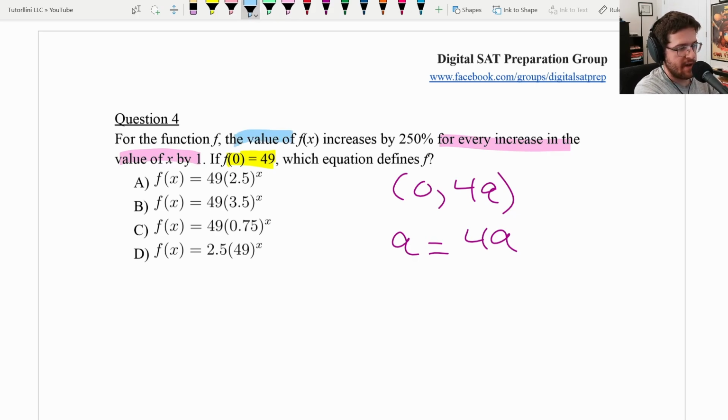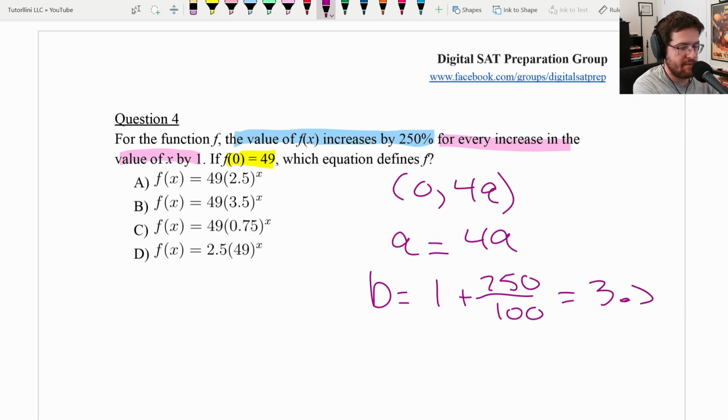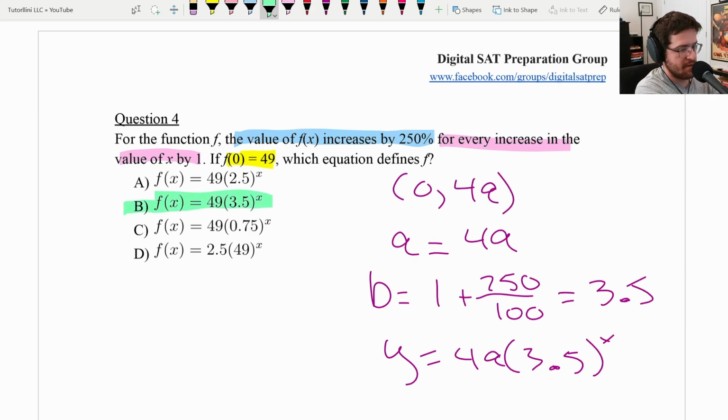The value of f of x, or y, increases by 250%. So we just need to calculate the multiplier for a 250% increase. To do that, we're going to do 1 plus 250 over 100. If you put that into a calculator, you should get 3.5. So the function should be 49 times 3.5 to the x. And that is answer choice B.